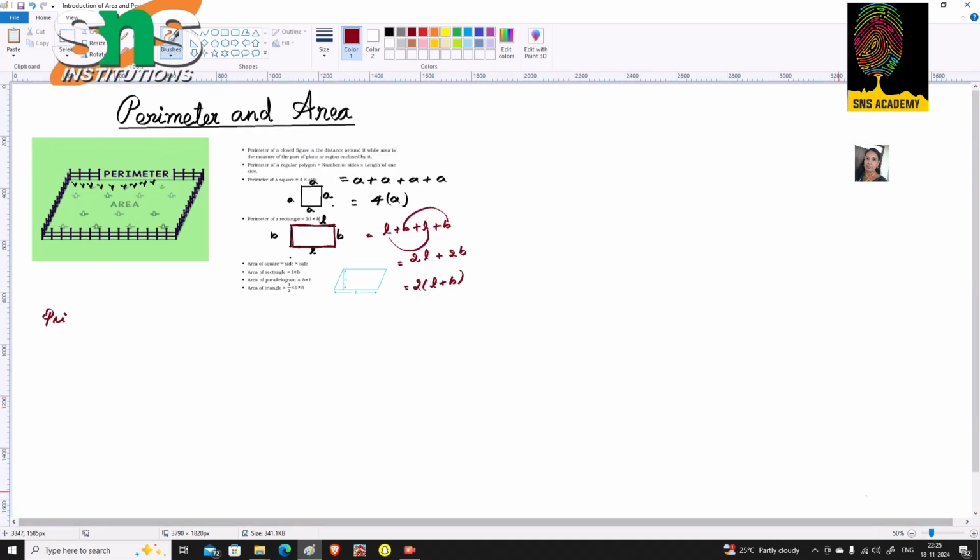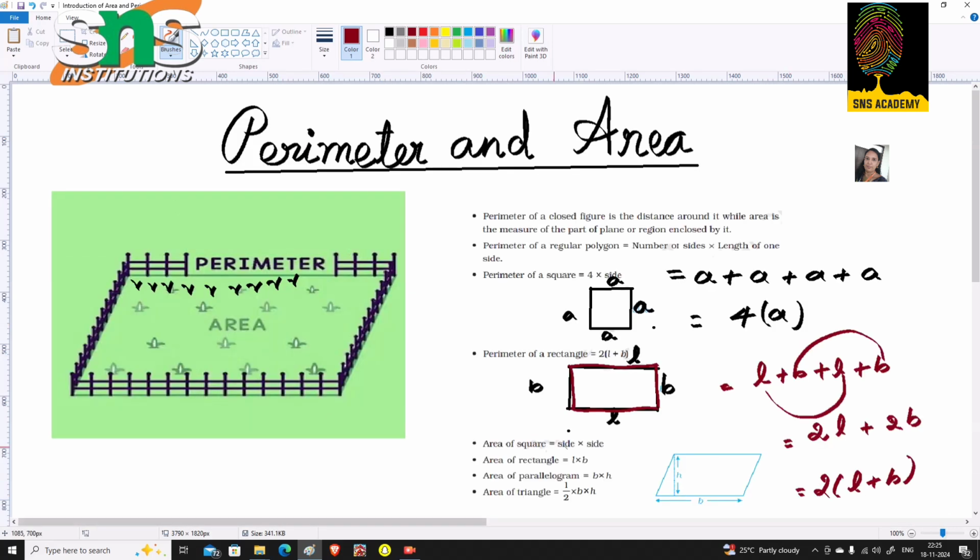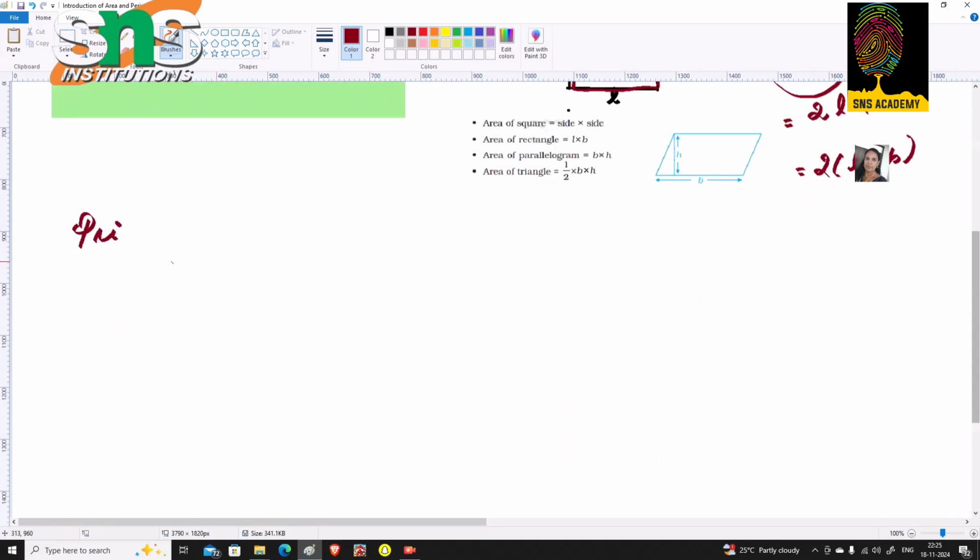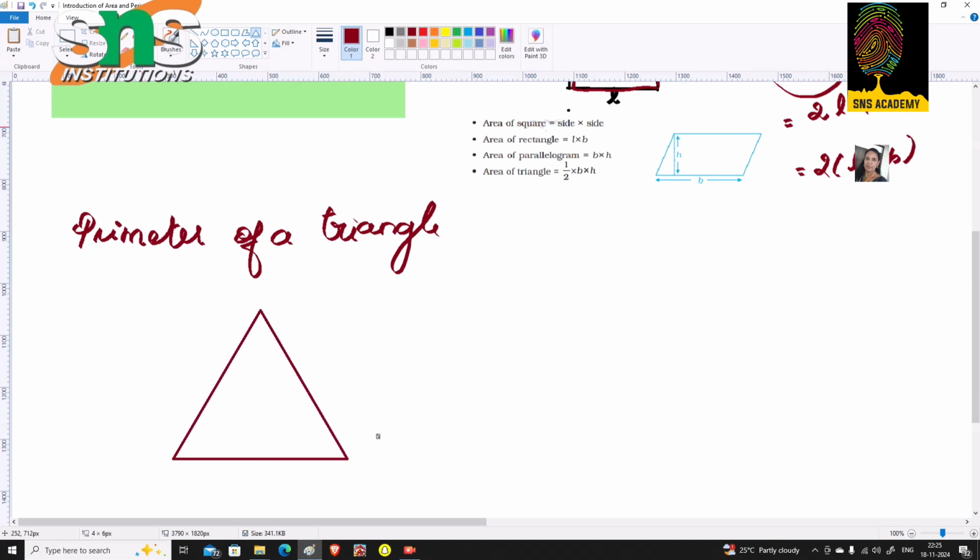The next one we are going to recall is the perimeter of a triangle. So we have taken any triangle. This is a scalene triangle, if I consider it as A, B, C. In a scalene triangle, all the three sides are different, and perimeter means we are always finding the sum of the boundary.